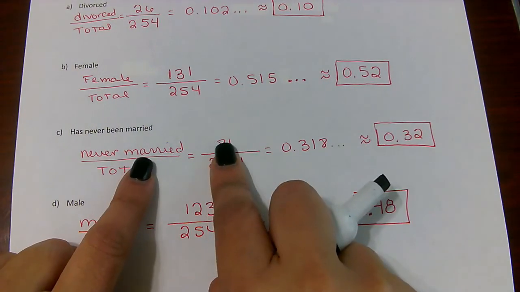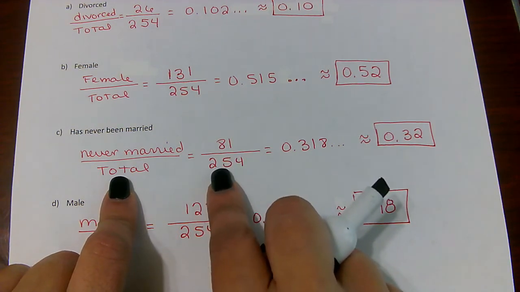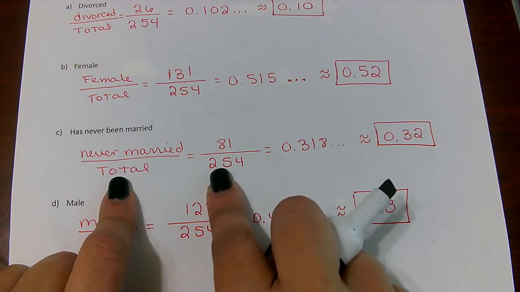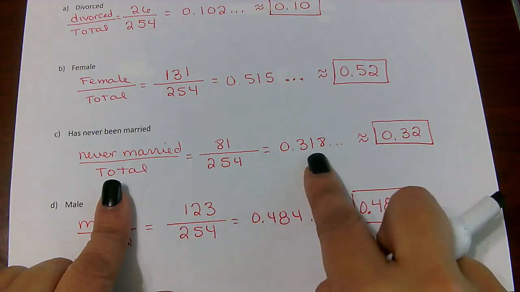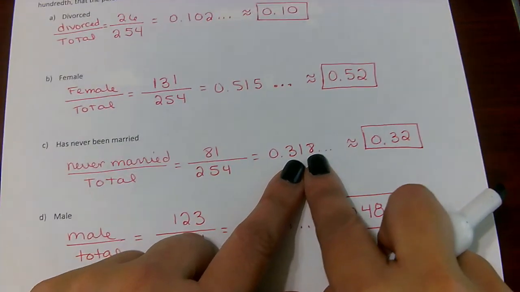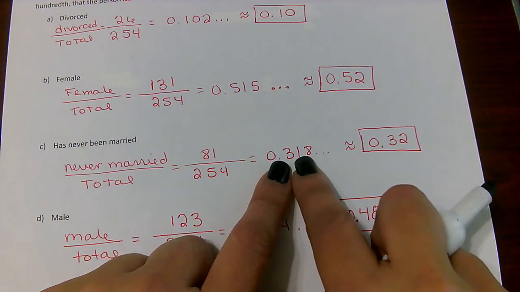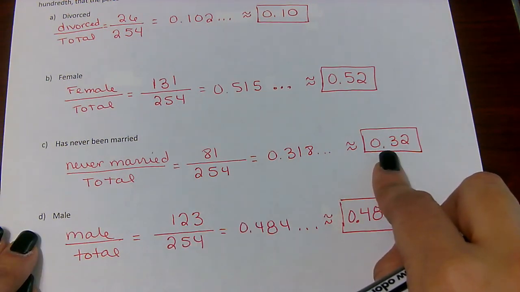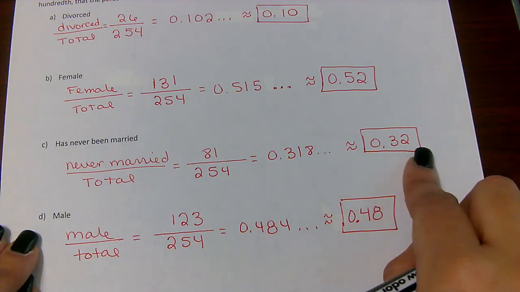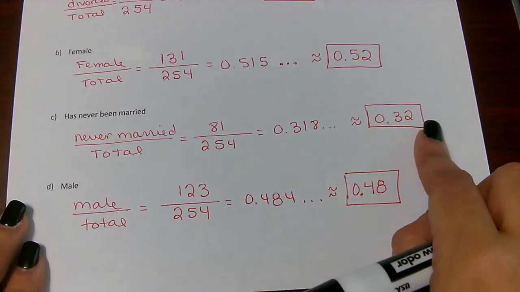So I'm going to have that in the numerator divided by the total population, which is in this case 254. Go ahead and write the decimal out to 3 decimal places, and as you can see, the third decimal place is greater than 5, so we're going to add a 1 to the hundredths place. So here, the probability that the person selected has never been married is going to be 0.32, or in other words, about 32%.